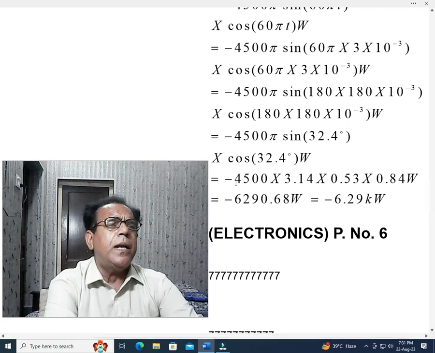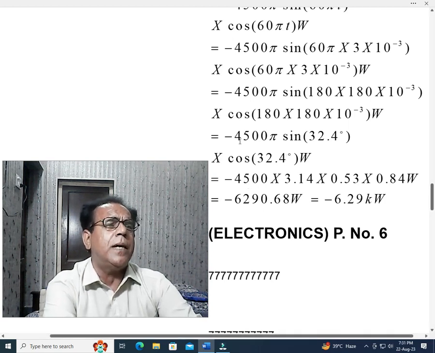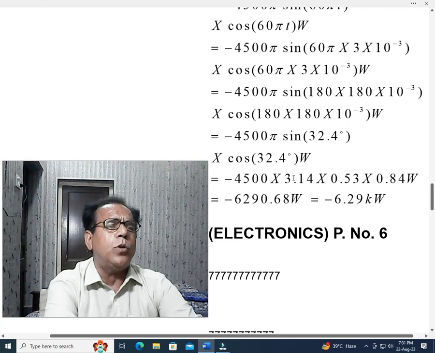Now minus 4500 is appearing from the beginning, and in place of pi we have used 22 by 7, that is 3.14. This is the value of sin 32.4 degree, and this is the value of cos 32.4 degree.